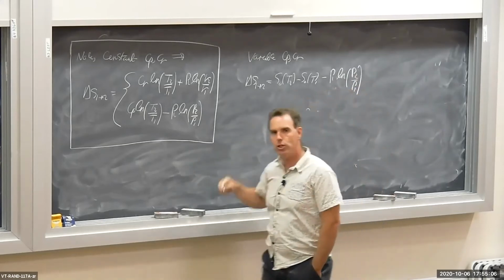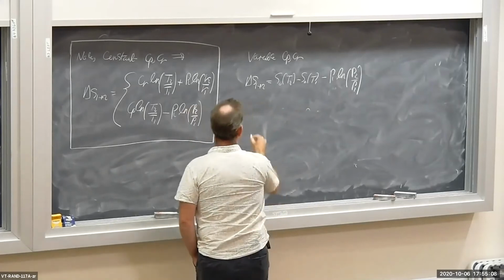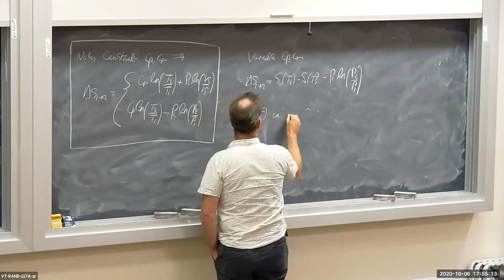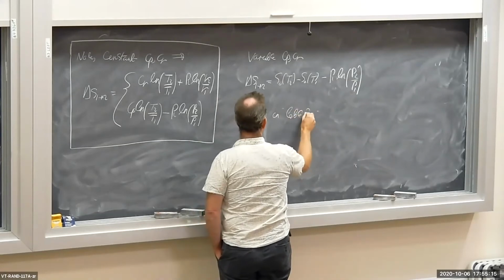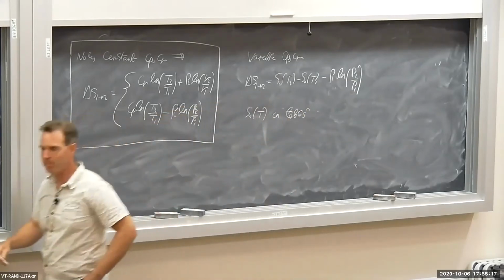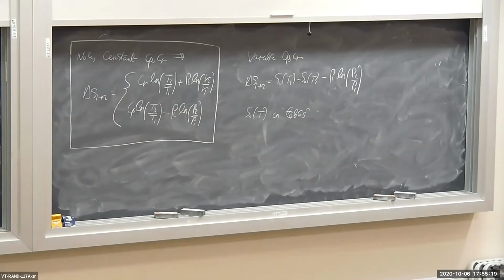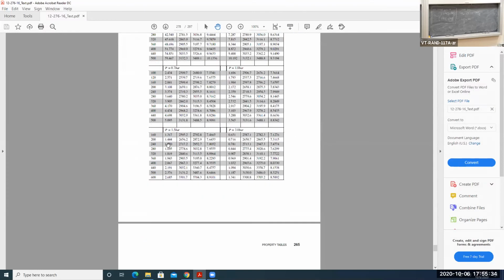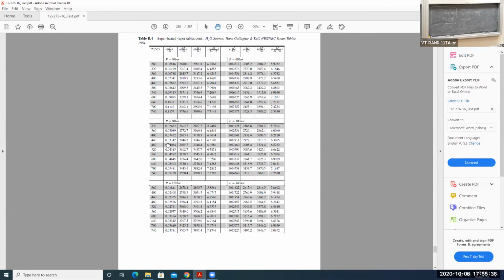Now, where are these s naughts found? s naught is a function of temperature in tables. Let's find them. We'll be doing an example here pretty soon showing you how this is done. Let's see here. So let's go to the ideal gas air tables and see what we can find.